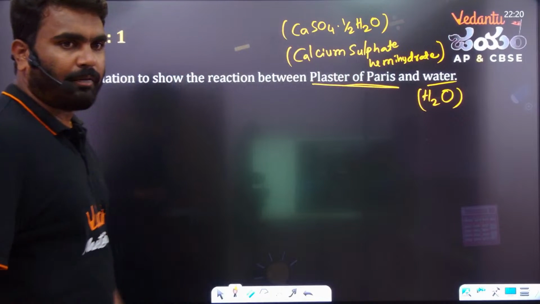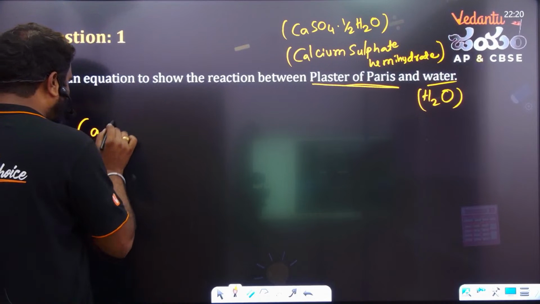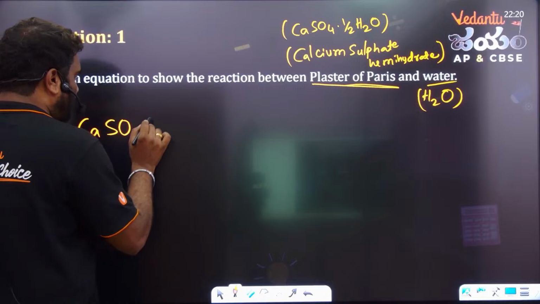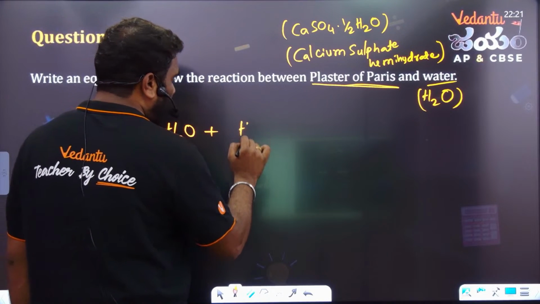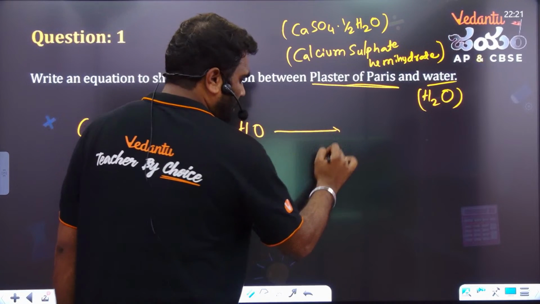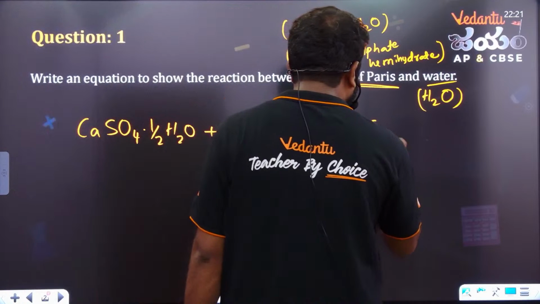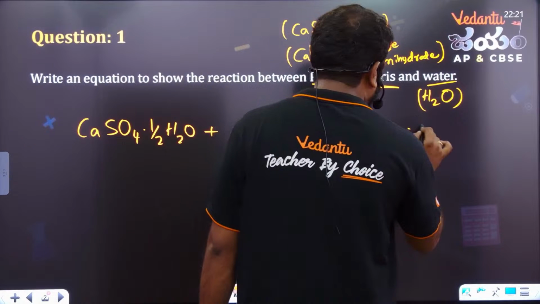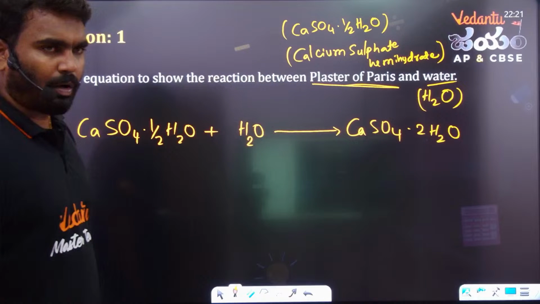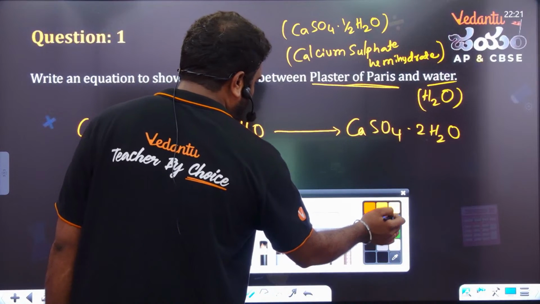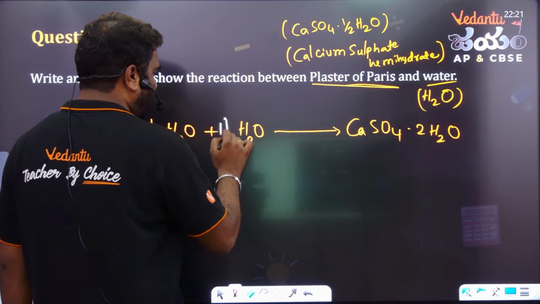So CaSO4 dot half H2O is reacting with water to give calcium sulfate dot 2H2O. How many moles of water are reacting here? That is important, we should write it. Here 2 moles are there, here half mole, so we need to write 1.5 moles.